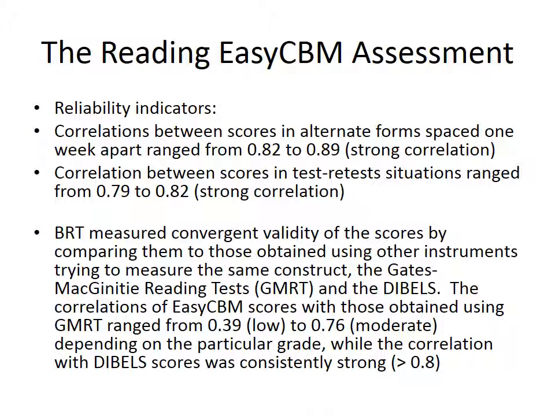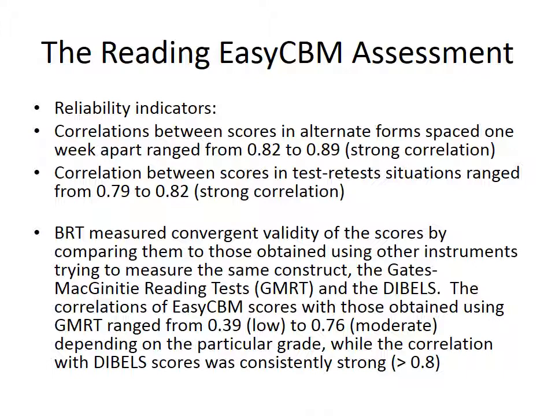That in the reliability literature is considered a strong correlation. And the correlation between scores in retest situations range between 0.79 and 0.82, also a strong correlation. So in this case, the student will take the same test a few days apart.